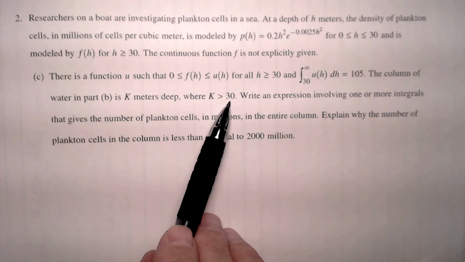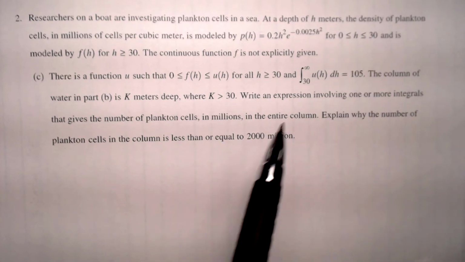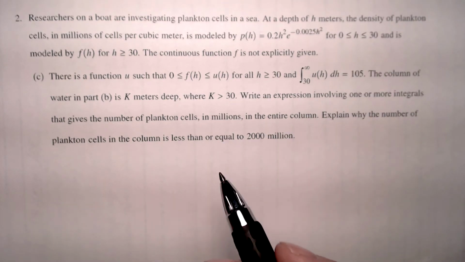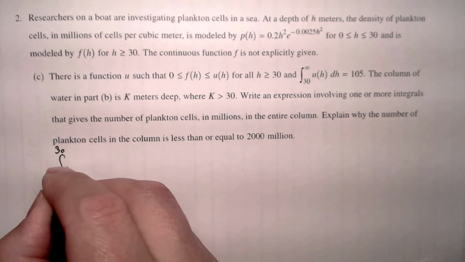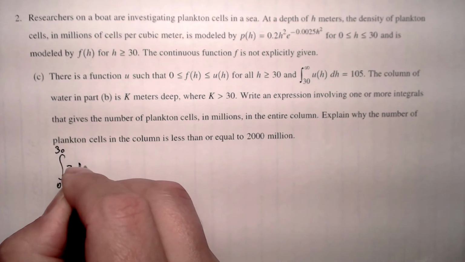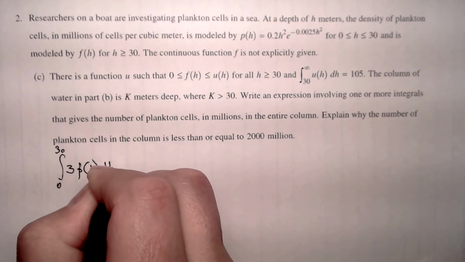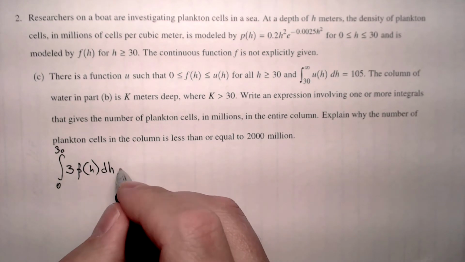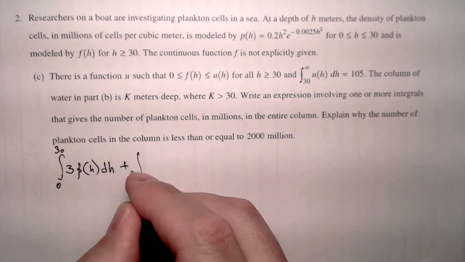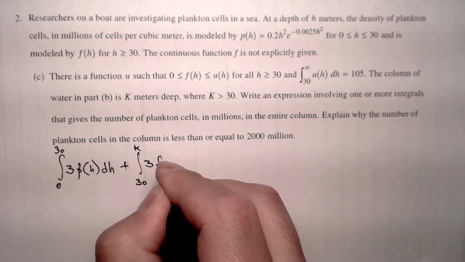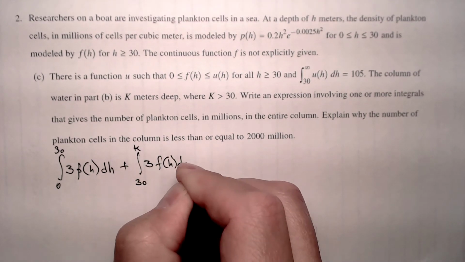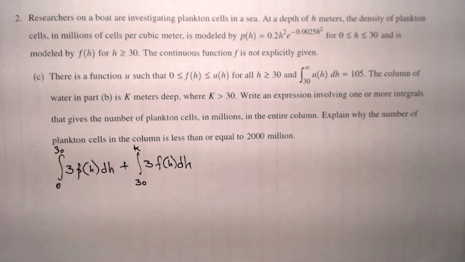So it was extended beyond 30. So that expression is given by the integral from 0 to 30 of 3 p of h dh. That is what we had in part B, plus an additional element, the integral from 30 to k of 3 f of h dh. So this is the exact expression for the number of plankton cells in the entire column.